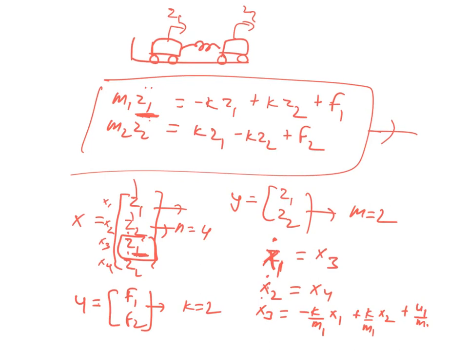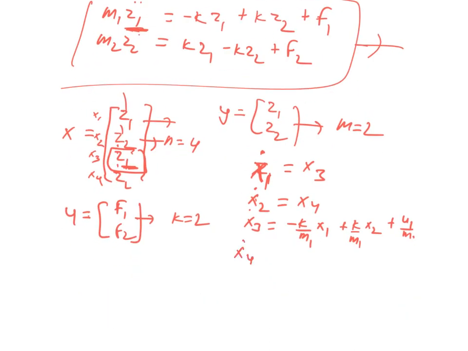So that's x3 dot, and our x4 dot will be similar: minus k by m2 x2 plus k by m2 x1 plus u2 by m2.